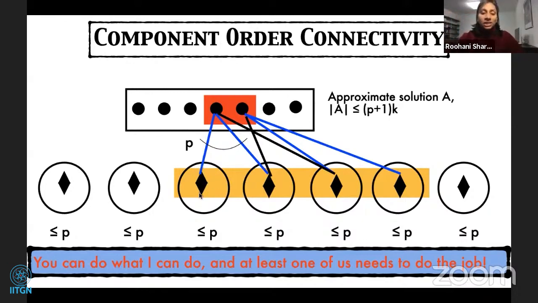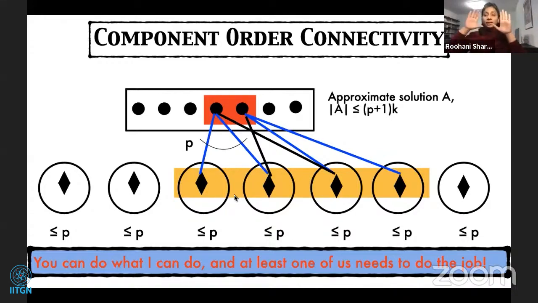So it has to pass via its neighbors, and all of its neighbors are in the red set. So if we delete the whole of the red set, there cannot be connected sets that can be formed with these yellow vertices. So in this case, again, we can do the delegation business.